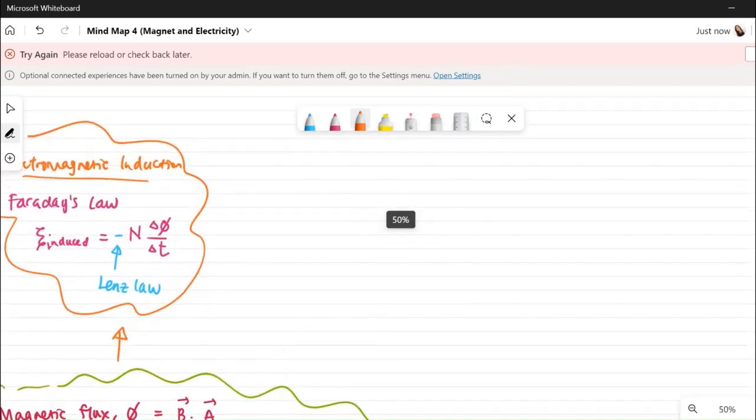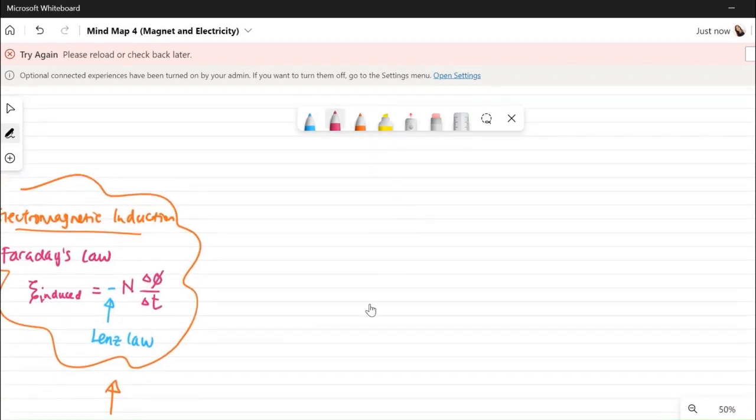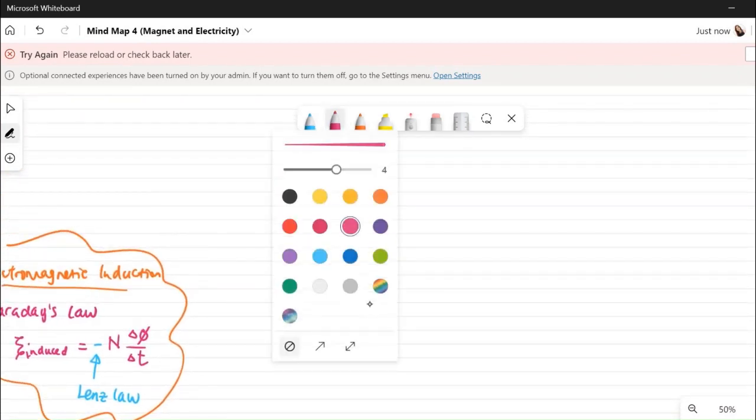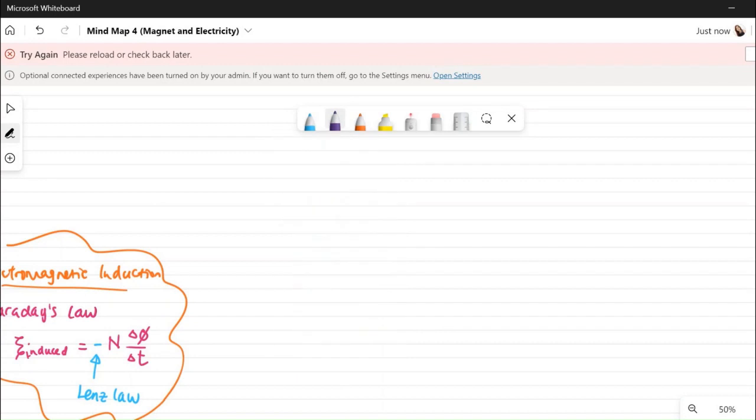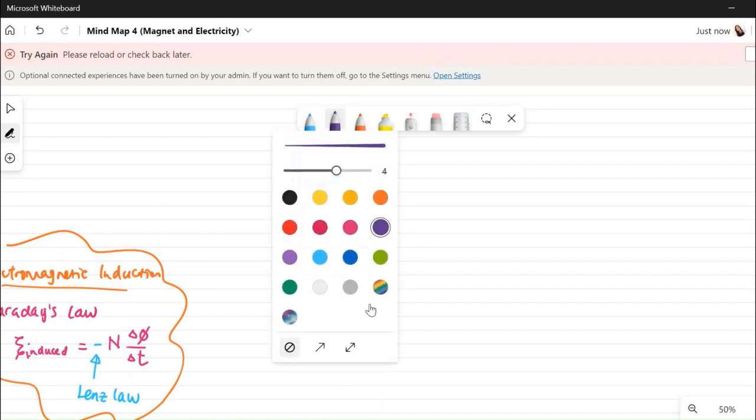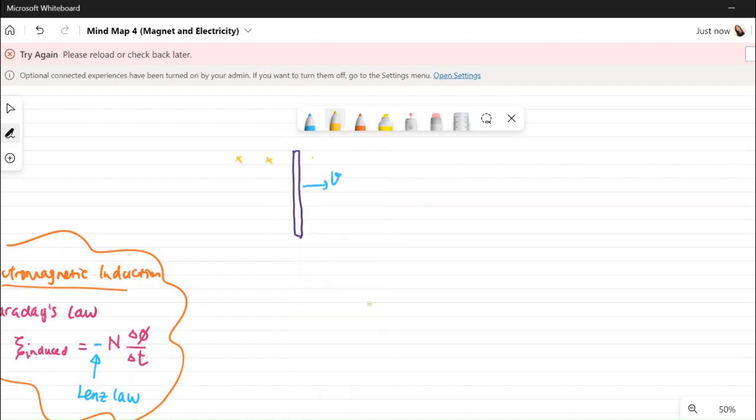And if I have a moving conductor, let's say this is a conductor moving with the speed V in a region of magnetic field B, then an EMF will also be induced in this conductor.